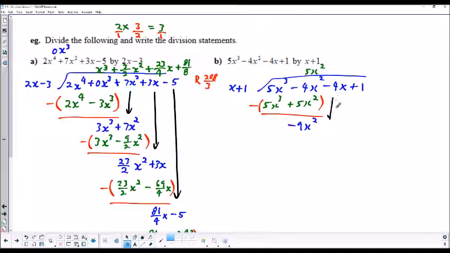Then I bring down this negative 4x. And what do I multiply x by to get negative 9x squared? Well, that would be negative 9x. Multiply negative 9x times x to get negative 9x squared. Multiply negative 9x times 1 to get negative 9x.